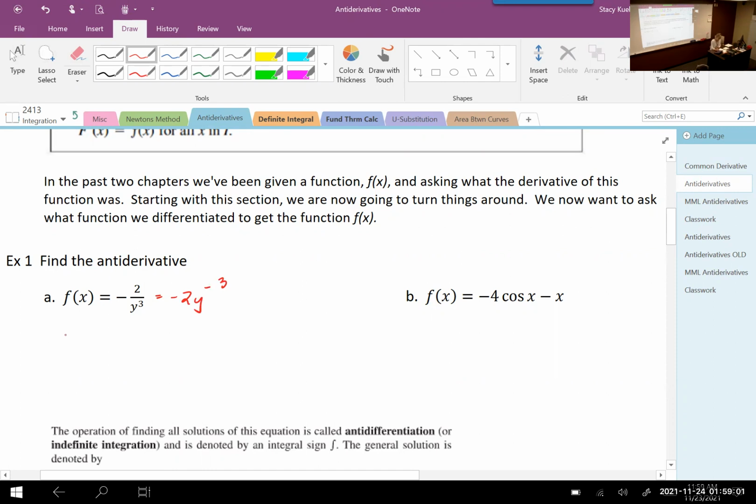The antiderivative, which we are defining as capital F of x, would be equal to -2y to the -3 plus 1, because we're going to add 1 back to that exponent and put it over the -3 plus 1.